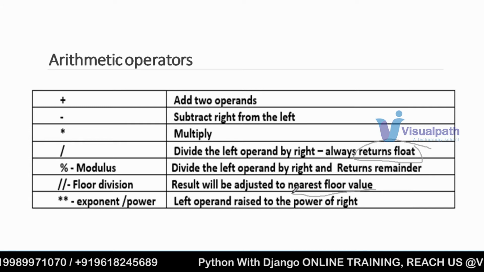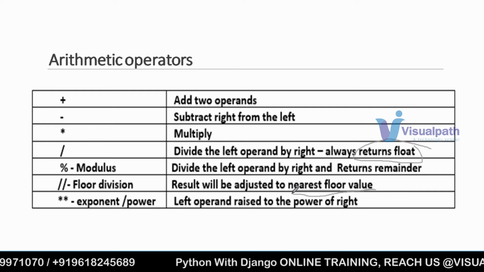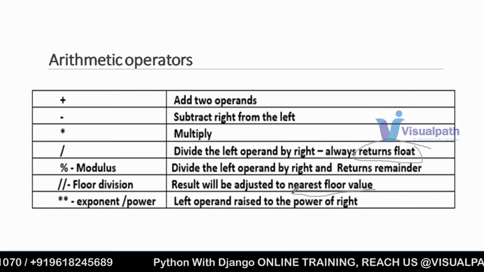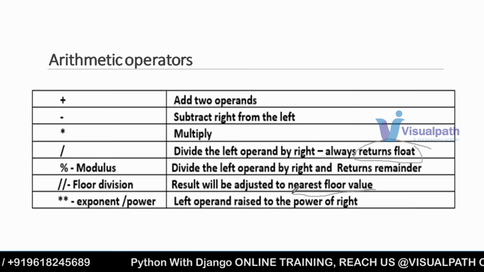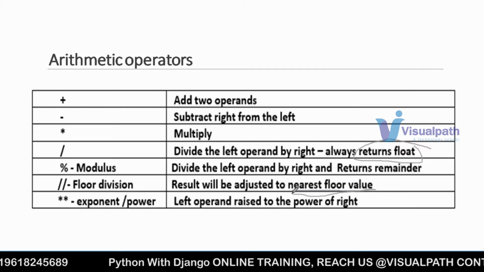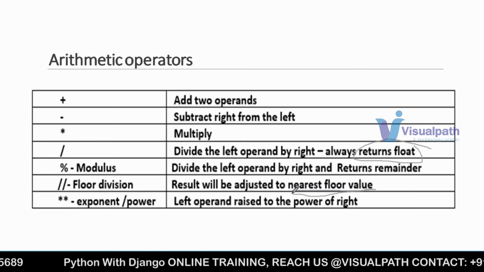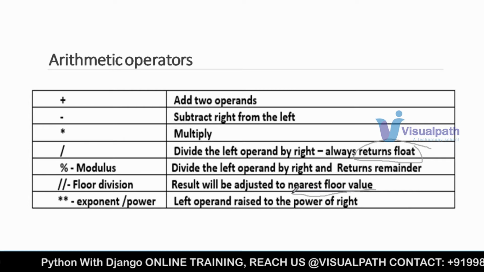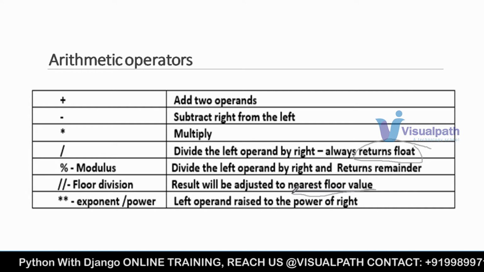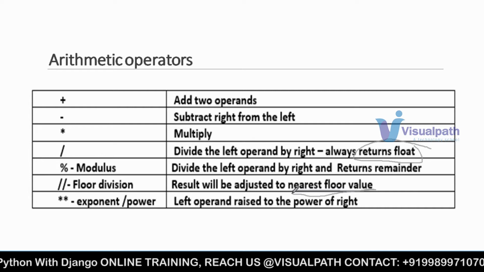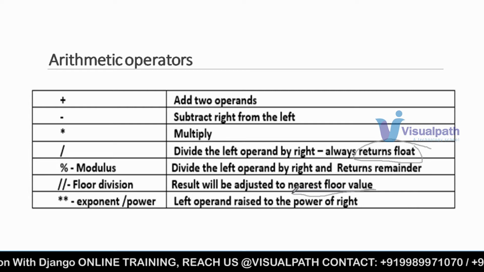Whenever you go shopping, you can see the bill rounded off. If your bill is 100.90 paisa, they'll round off to either the ceil value or the floor value. Either they'll make it 100 rupees or 101 rupees, correct? In such cases we can use floor division.